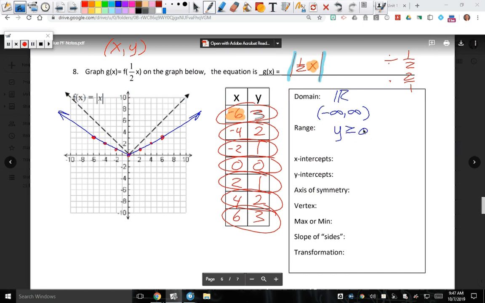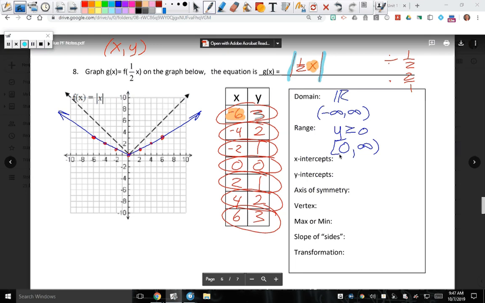Or interval notation? 0 to infinity. Infinity is always parentheses, but you tell me, bracket or parentheses at 0? Bracket, because why? It touches 0. Y equals 0. Okay?